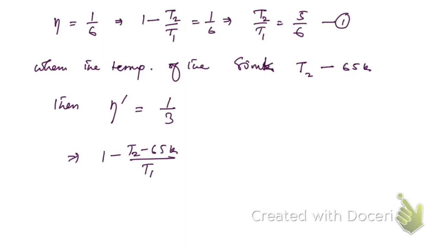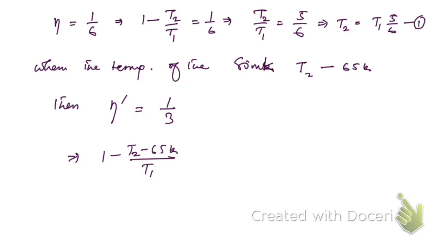So hope you have understood what I have done here. So from this equation number 1, we can write T2 is equal to T1 into 5 by 6. This is equation number 1.